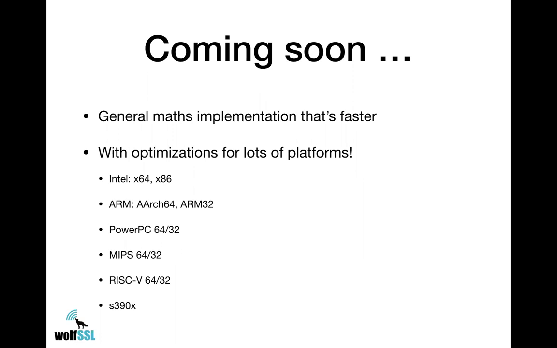So if you need a faster RISC-V platform, then yep, we can look at doing assembly optimizations for that in SP. PowerPC's come up a bit too, and they've been using the C implementation from SP.